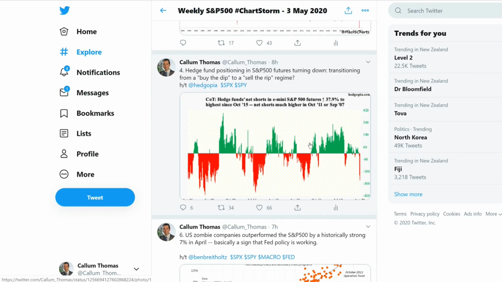Number four, hedge fund positioning in S&P 500 futures turning down into net shorts. I've sort of quipped there, or questioned, whether this is a transition from a buy the dip to a sell the rip regime. Certainly, if you did move into an extended bear market regime, that would be the standard operating procedure.